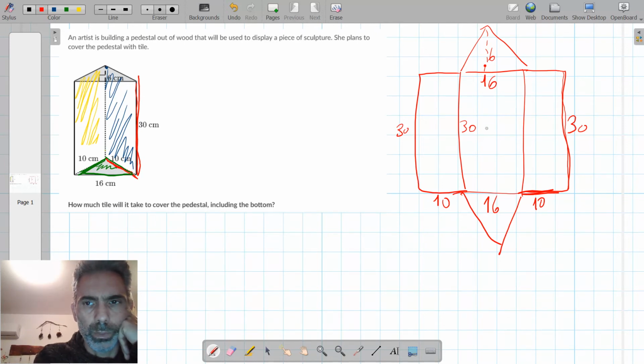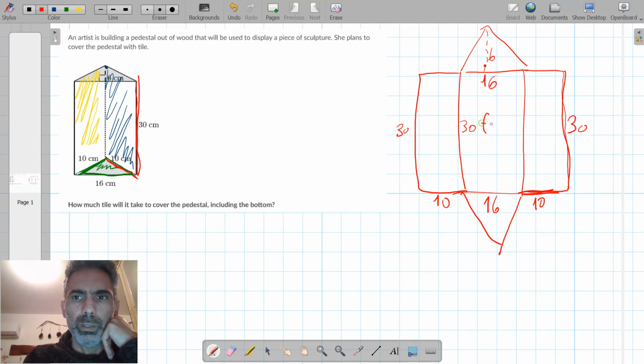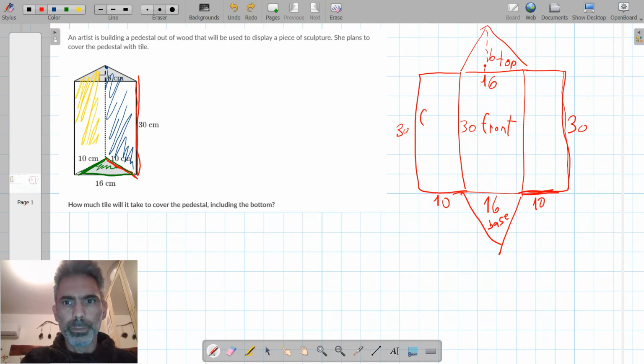Let's give them letters. Let's say this is the front, this is the base, this is the top, this is the left side, and this is the right side.